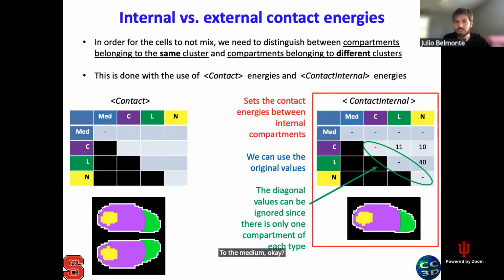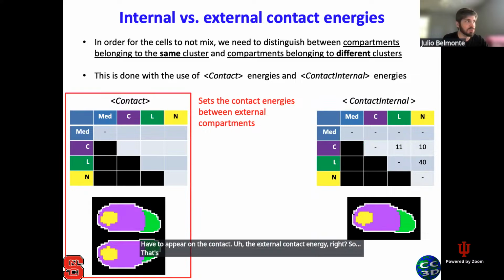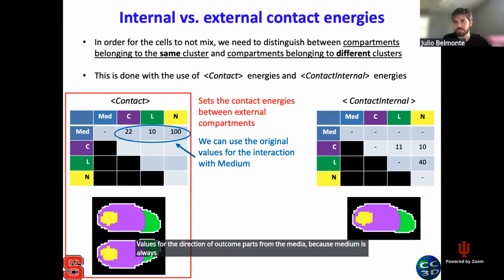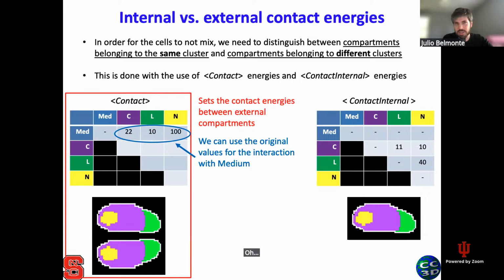So you can pretty much ignore that, which means that the interaction of all those compartments with the medium have to appear on the external contact energy, right? So that's where those go. Here we can use the original values for the interaction of all those compartments with the medium because medium is always an external entity, right?